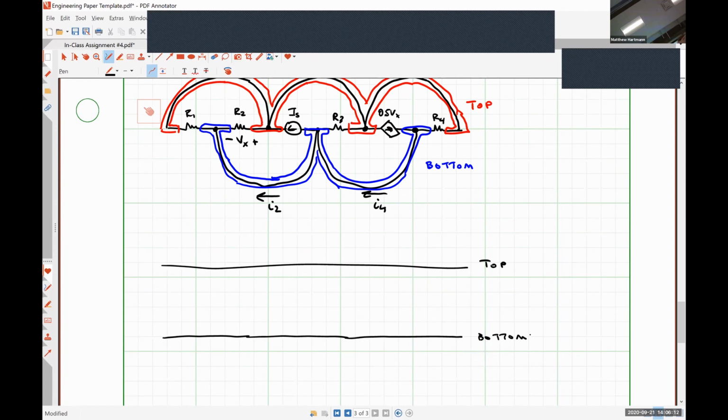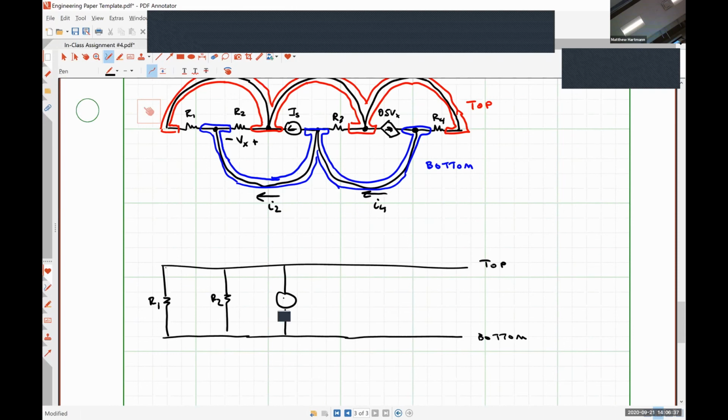Alrighty, so here's my resistor R1, here's my resistor R2, here's my current source. Now I can see in my original drawing that the tail of the arrow for the current source is connected to the bottom node, and the head of the arrow is directed to the top node.